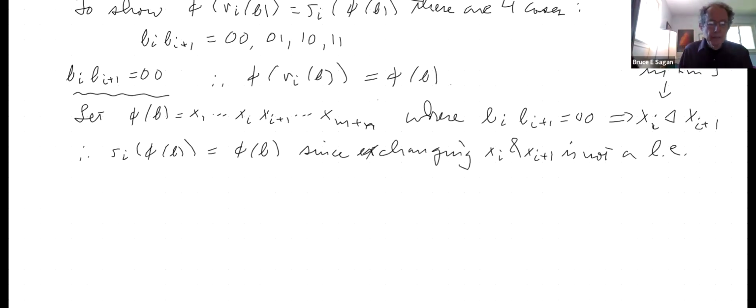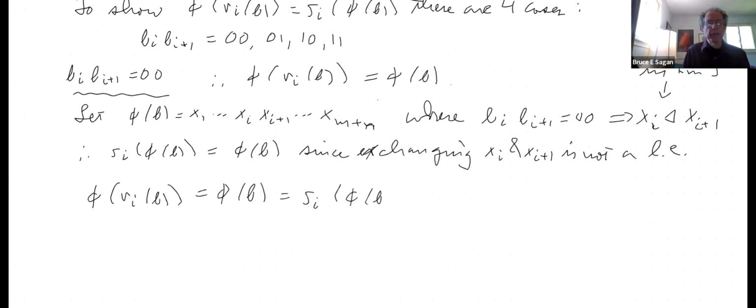But now we're done, right? Because phi of Ri of B, we showed up here that that's just phi of B. And here we're saying that that's Si of phi of B. And that's what we wanted, right? Phi quasi-commutes. When you pull it past an Ri, you get an Si, and you're done. Modulo the other three cases, which are similar.